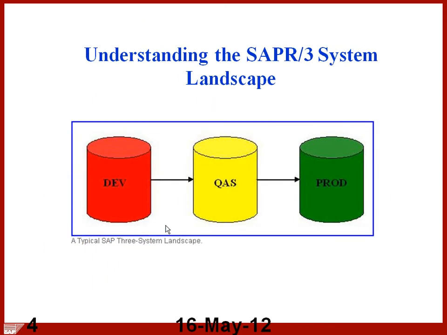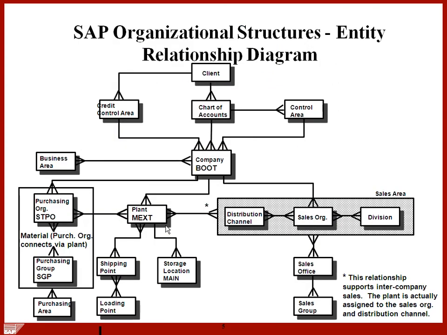We also discuss the system landscape. What is a system landscape? What is the development system? What is the quality assurance system? What is the production or live system? Where is the transport triggered, from where should it move, what is a transport request, what is a customizing request, what is a workbench request. All these things we will discuss in the first class.